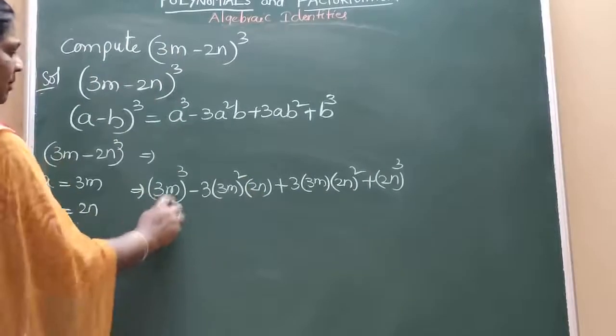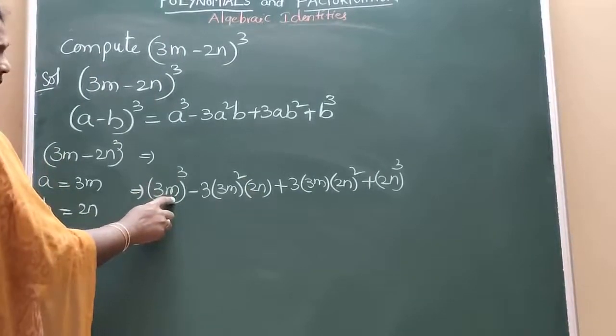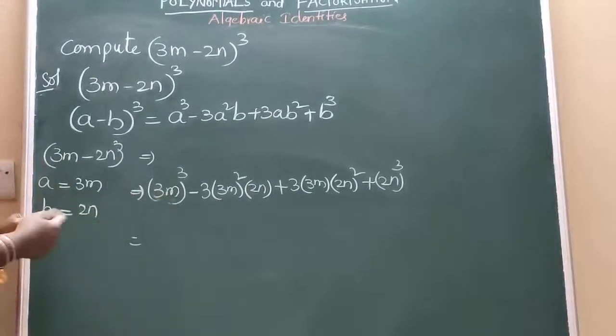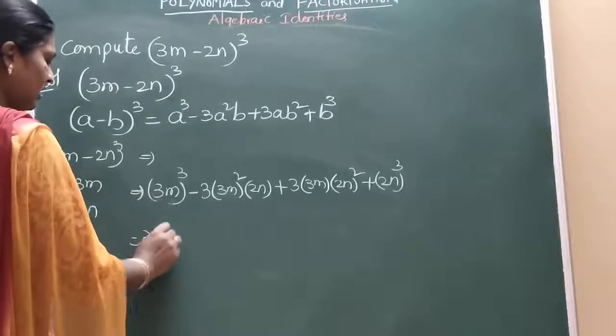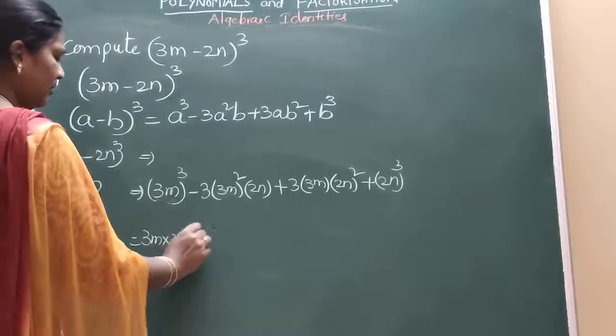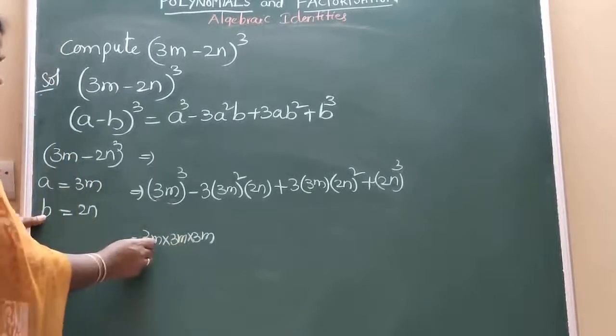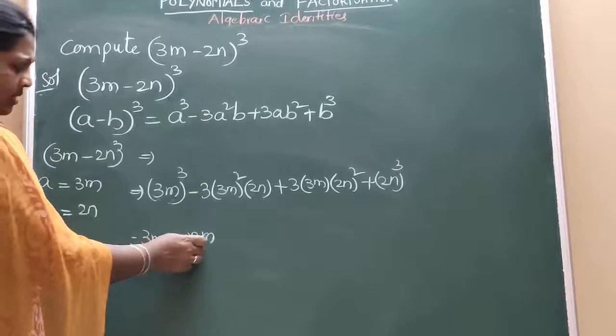3m whole cube means how many times we have to multiply 3m? 3m into 3m into 3m. Okay students, 3 3s are 9, 9 3s are 27.